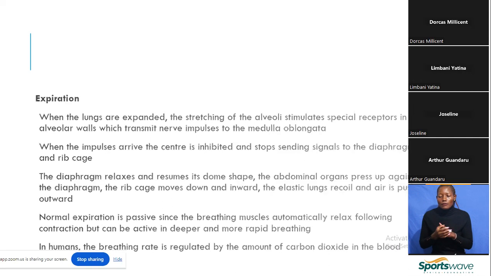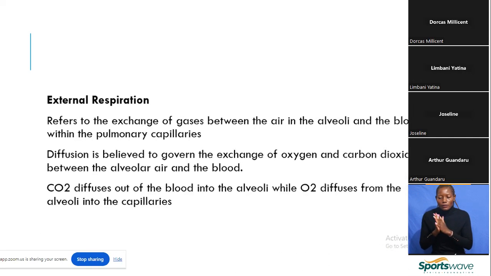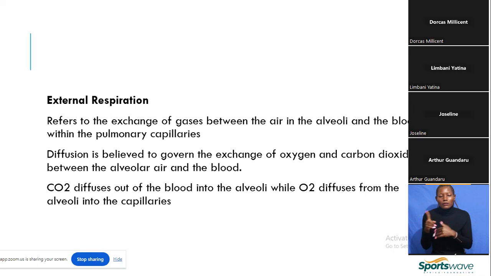Again, very interesting phenomena when we come to the mechanism of breathing. I've already mentioned external respiration. It's the exchange of gases between the air in the alveoli and the blood within the pulmonary capillaries. This takes place at the lungs, and the mechanism is diffusion, right?